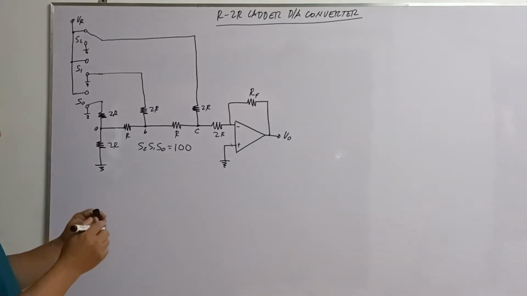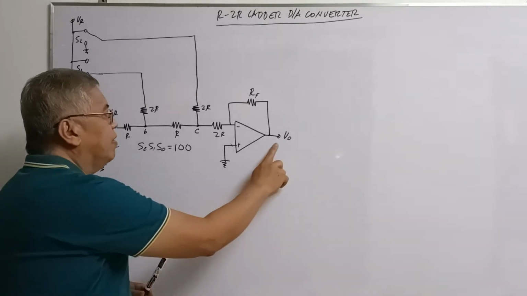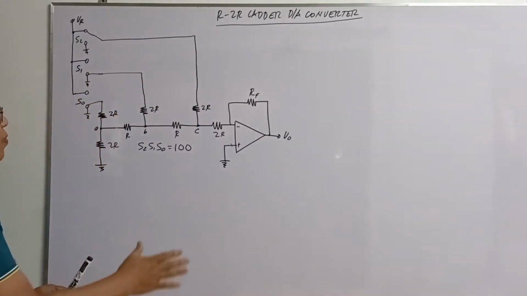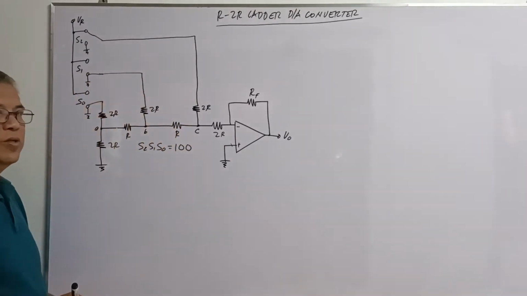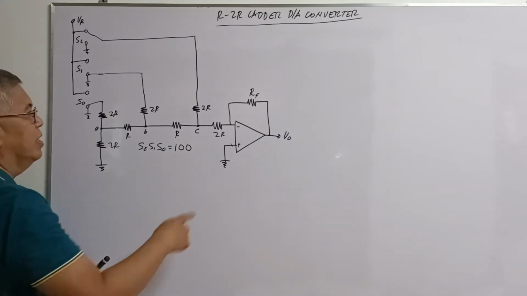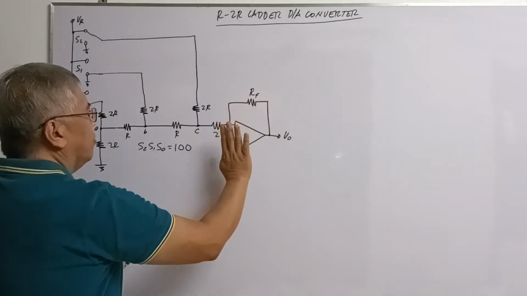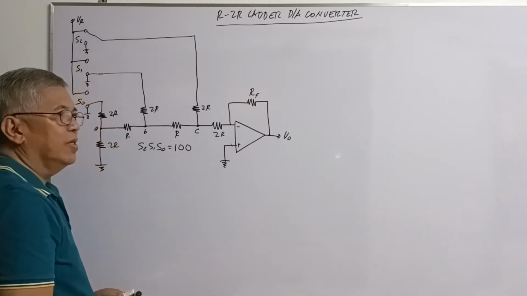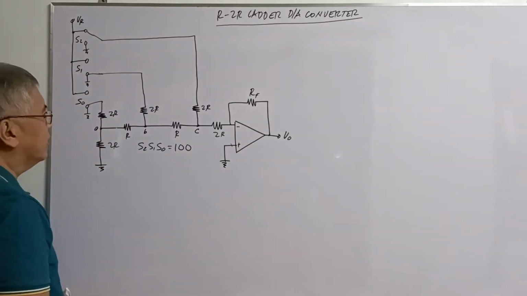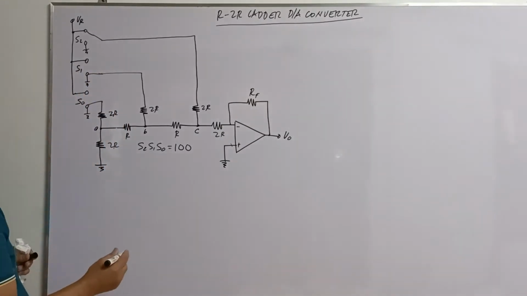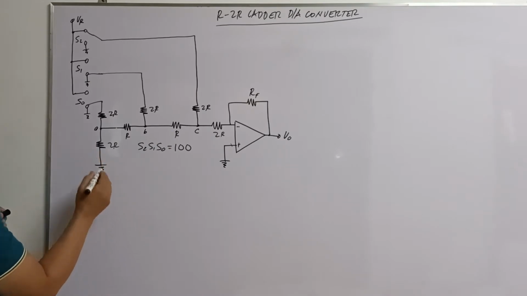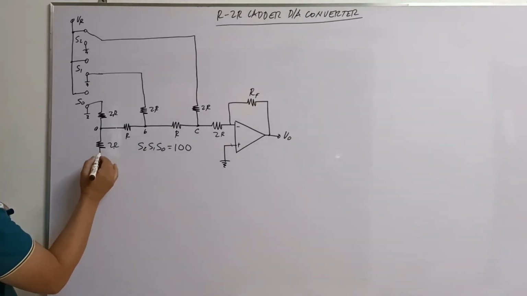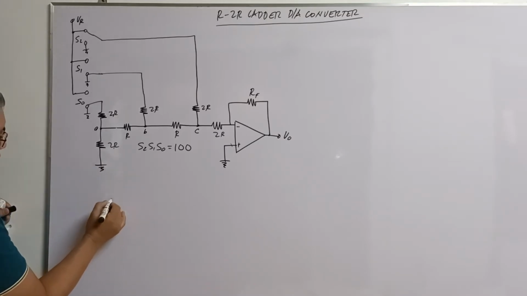For us to be able to determine the value of V sub 0, we have to redraw the circuit, excluding this particular area here. We will add this at the end part of our circuit. For redrawing, since this 2R here is connected to the ground, we will draw it like this.